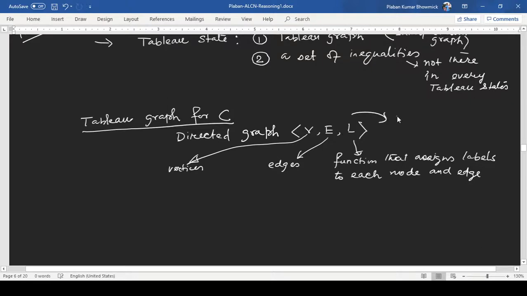That's why it's called a label function, right?